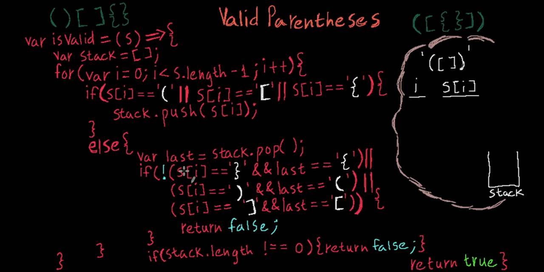Now, going into the else condition, like I said, is when we have a closing parenthesis. What we want to check is that the closing parenthesis has a corresponding opening parenthesis at the top of the stack. If and only if this happens, it means we have a valid parenthesis.